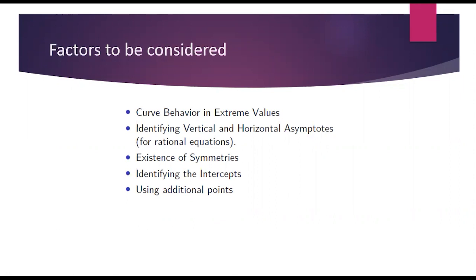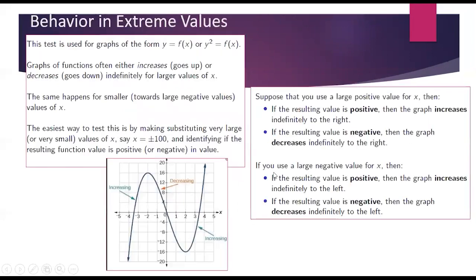The next one, you're going to identify the vertical and the horizontal asymptotes, but this one is only for rational functions. We also have to check the existence of symmetries, if there's any, and then identify the intercepts, and of course use additional points in order to check the behavior of the curve.